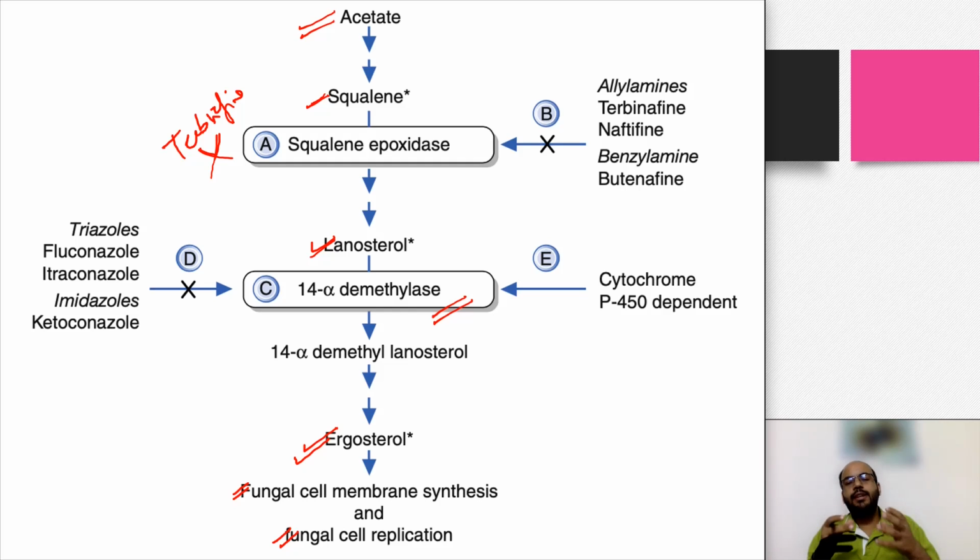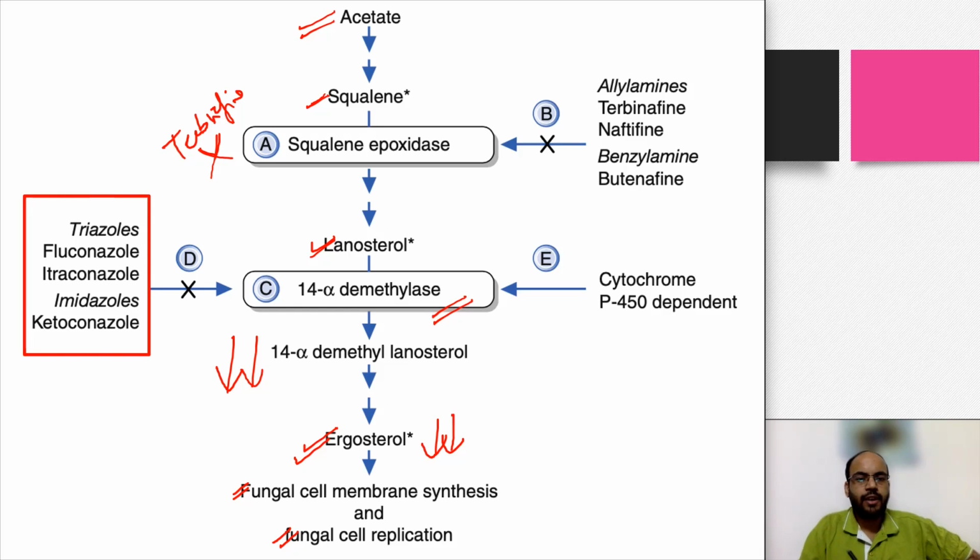So that heme moiety is blocked by itraconazole, and because of itraconazole, that heme moiety is not able to attach itself with the oxygen molecule and is not able to properly carry out its function. So the 14-alpha demethylase enzyme is not able to function properly, and there is no conversion from lanosterol to 14-alpha demethyllanosterol. So this compound actually decreases. When this decreases, this leads to a further decrease in ergosterol.